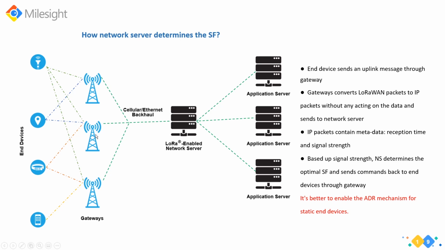In a LoRaWAN network, the gateway only converts the LoRaWAN packets into IP packets and sends those IP packets securely through the internet to the network server through the backhaul connection, such as wireless, like 4G or 3G or even 5G, or through Wi-Fi, or through a wired Ethernet cable, or sometimes through satellite. Anyway, the gateway here is just to bring an IP connection.